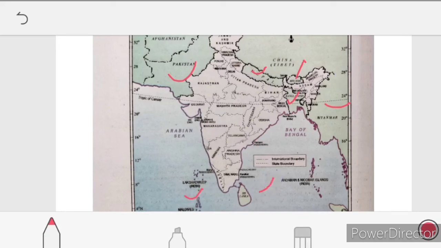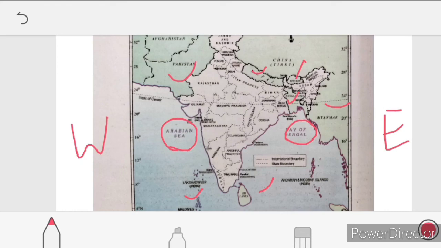We see here the Bay of Bengal on the east side of this country and the Arabian Sea on the west side.